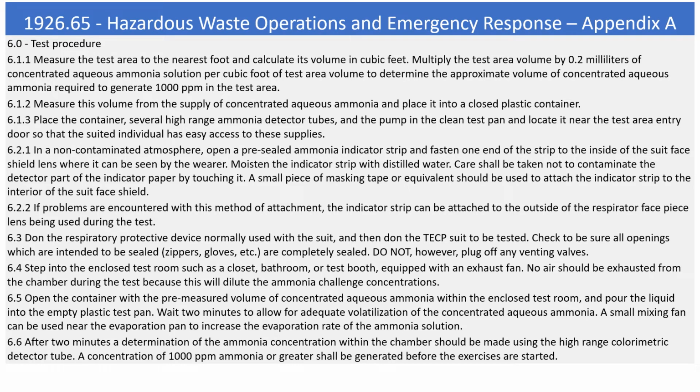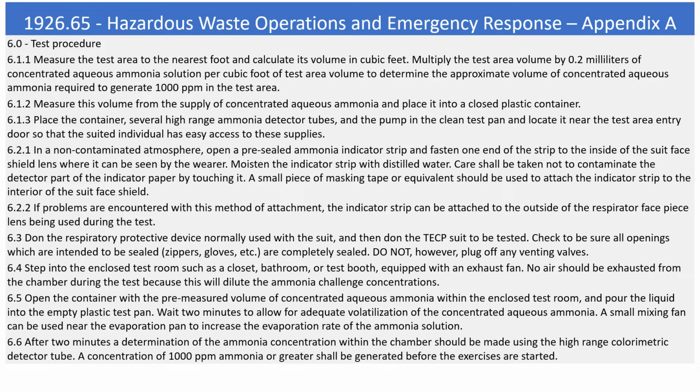Measure this volume from the supply of concentrated aqueous ammonia and place it into a closed plastic container. 6.1.3. Place the container, several high-range ammonia detector tubes, and the pump in the clean test pan and locate it near the test area entry door so that the suited individual has easy access to these supplies.